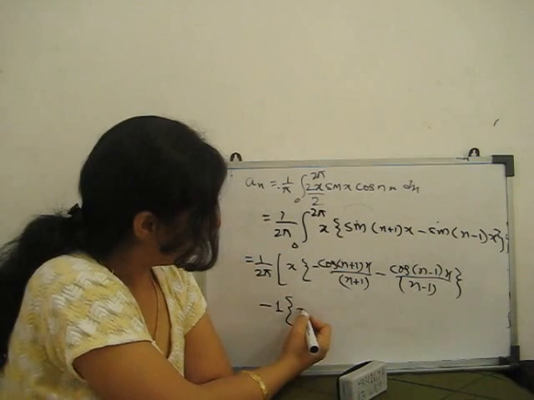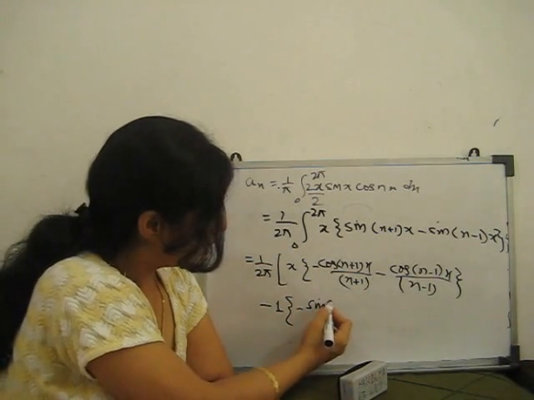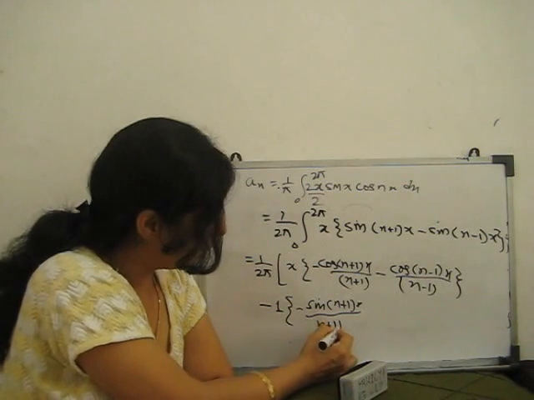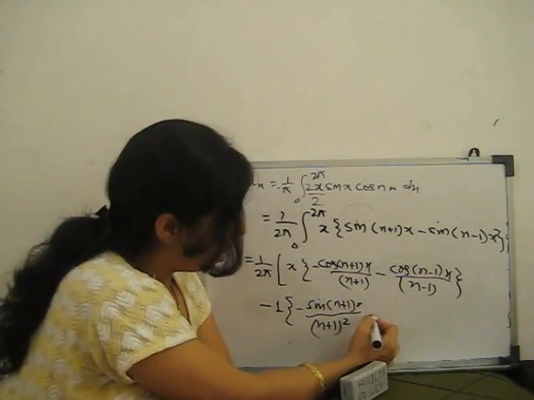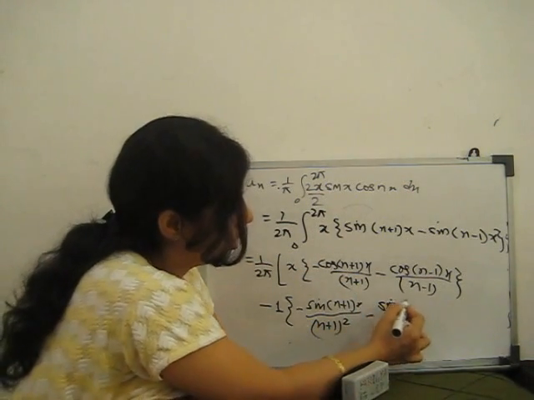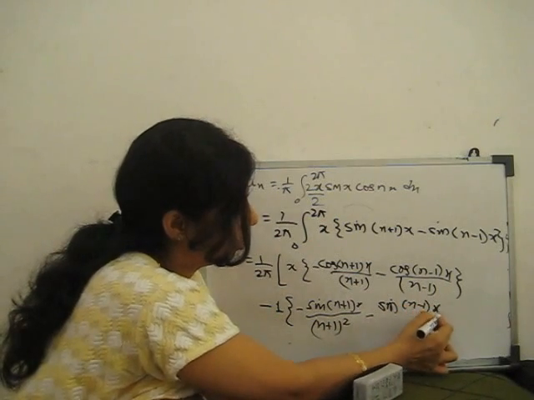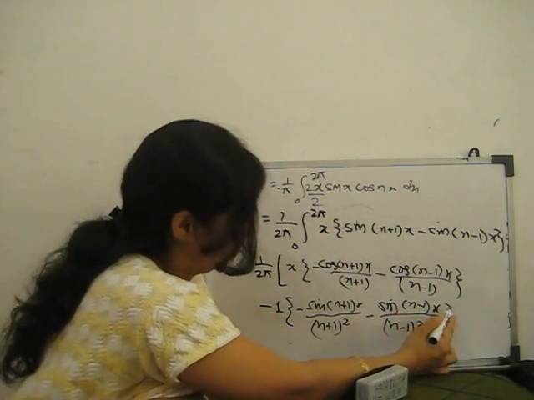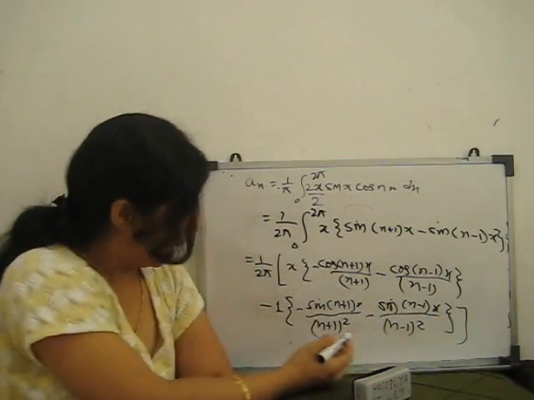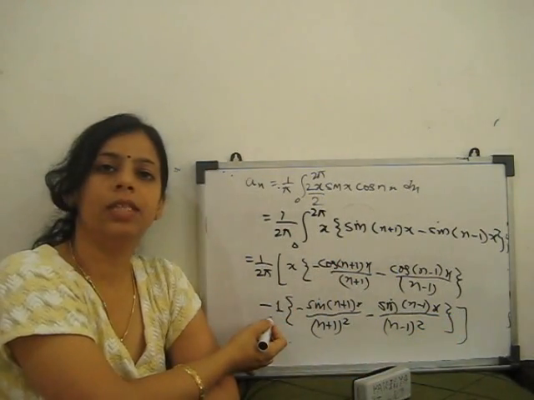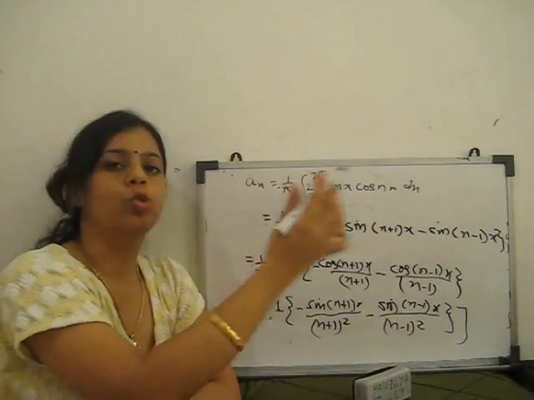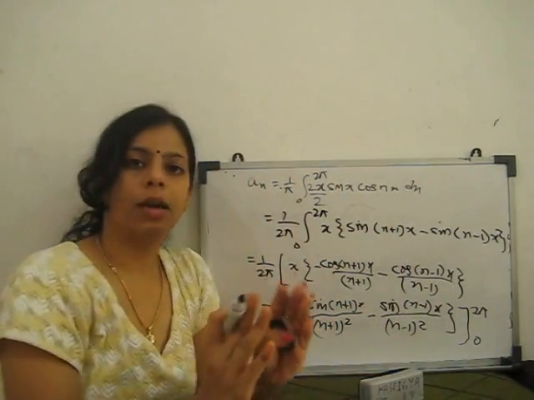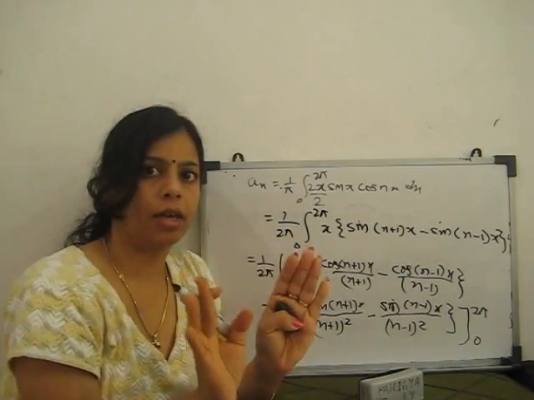Integration of cos is again minus sin(n plus 1)x upon (n plus 1) whole square minus sin(n minus 1)x upon (n minus 1) whole square. And next, with the help of this, u double dash goes to 0, limit going from 0 to 2 pi. So step 1 is complete, we have to integrate very carefully.